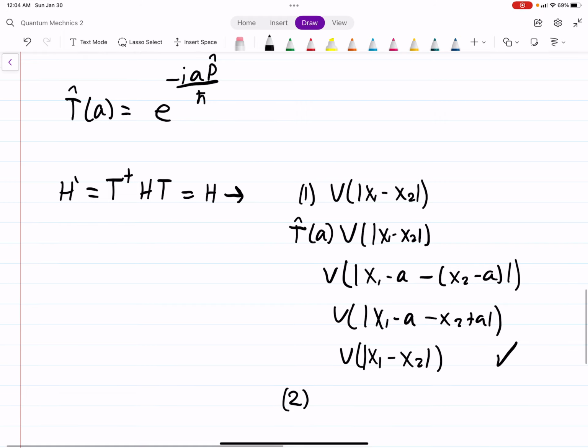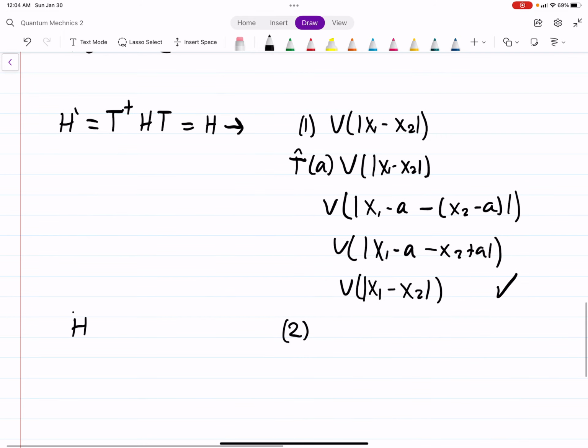The other part of our Hamiltonian, because let's remember that this is our Hamiltonian. I think we just argued successfully that that part is invariant. And hopefully, from a previous problem, we showed that p prime equals p.